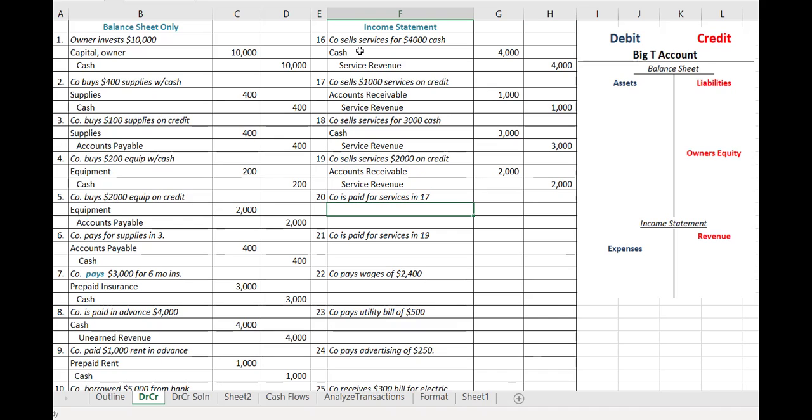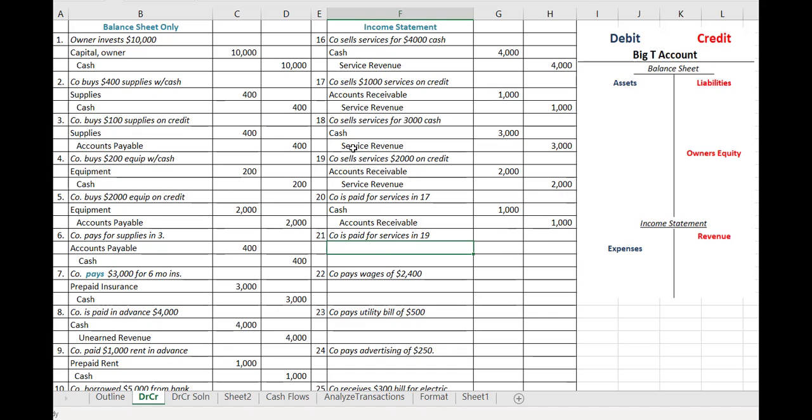Okay, all right. Now the company is paid for the services rendered up here in number 17. We're paid for this. So I'm going to debit. Paid means we received cash. Cash is coming in, and that's $1,000. And now I'm going to decrease my accounts receivable. Notice the spelling of that word.